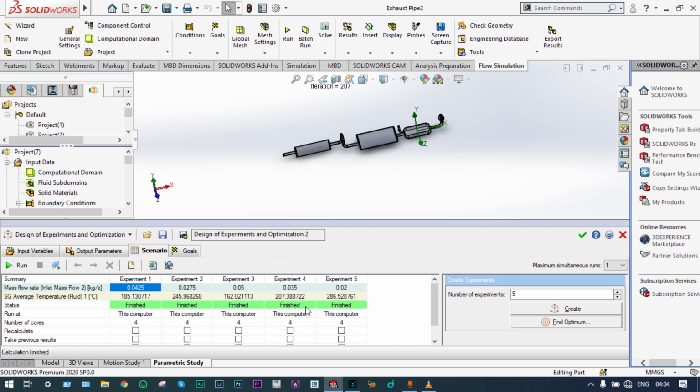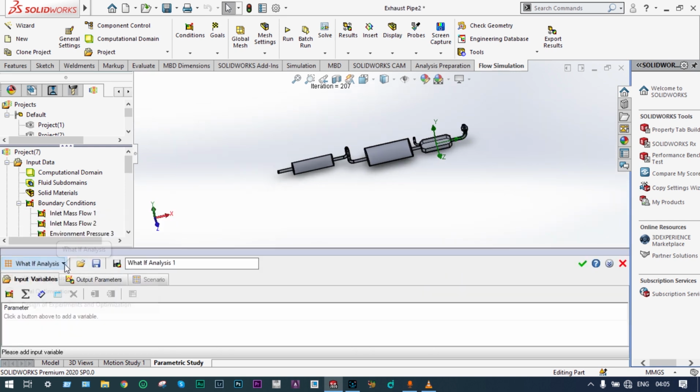That means from this design, experimentation and optimization, we got some idea of what specific range is required to get the optimum result, right? So next, we have to go for optimization with the specific range from 0.035 to 0.04 kg per second mass flow rate of air.